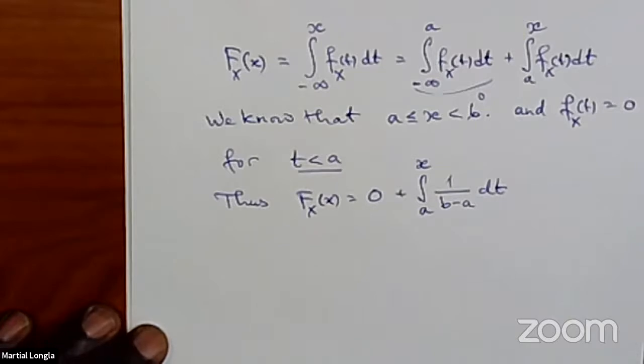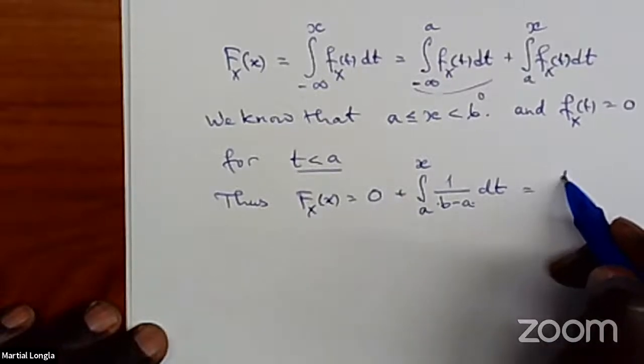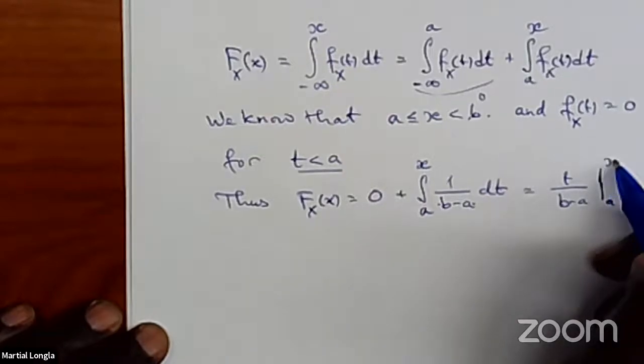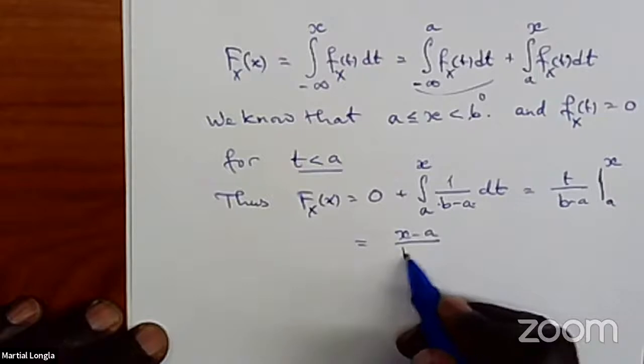Don't be afraid to ask a question. When you ask, I will explain. If I don't explain, it's because I think you understand. So now you integrate this, which is t over b minus a, plug in a, then plug in x. And that gives you x minus a over b minus a.